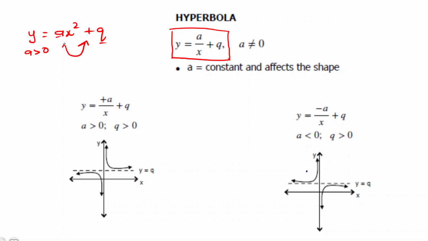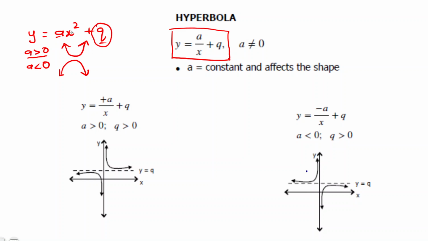It's going to point upwards. But if a is negative, the shape of the parabola will be facing downward, representing the sad face, for example. And we said there that the q represents the y-intercept.